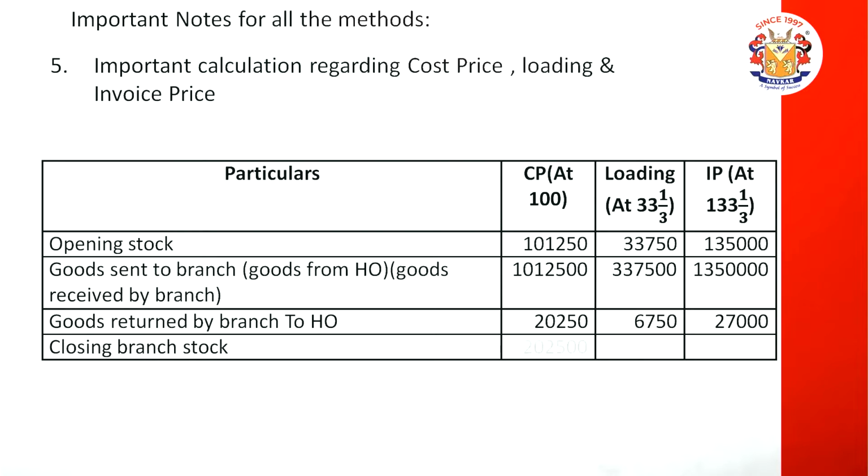Closing branch stock is also given at invoice price, means 2,70,000. Sir, at 133.33, it is 2,70,000. What about 100, means cost price of this transaction? Very simple, 2,02,500. Sir, what will be at 33.33, means loading? Very simple.